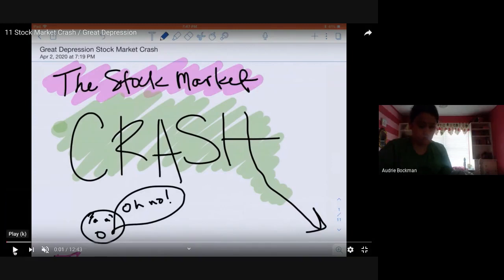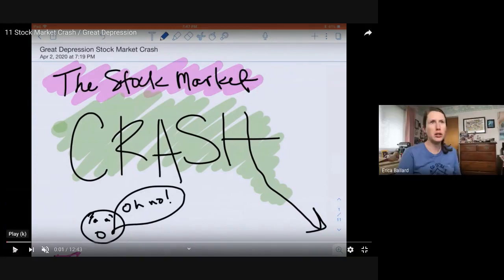So what year did the stock market crash? 1929. Yes, 1929. So anything in blue that is written in blue, you are responsible for, okay? So stock market crashed in 1929. So put that somewhere on your paper.